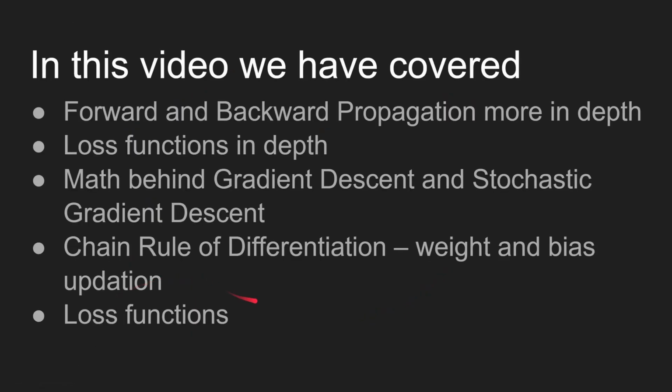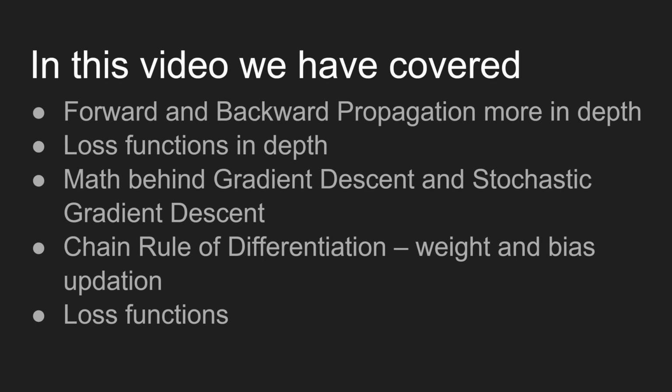So yeah, that was relatively short. I thought it would be longer, but for future videos, I'll be discussing more topics for sure. In this video, we have covered forward and backward propagation more in depth. We talked about different loss functions: MSE, MAE, cross entropy. We discussed the math behind gradient descent: W new equals W old minus learning rate times the slope.